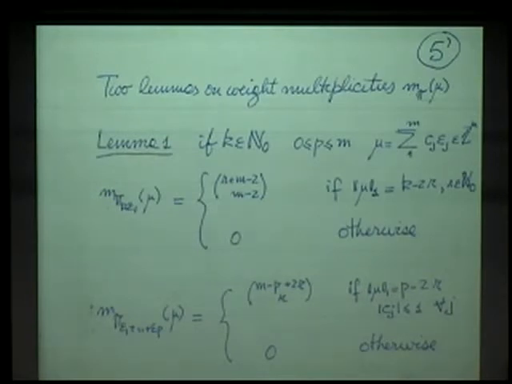On the other hand, the multiplicity in this second case is given by this number if the norm 1 is p minus 2r and the Cj's are less than or equal to 1. This is important because it tells us that the multiplicities are connected to the one norms of the mu.